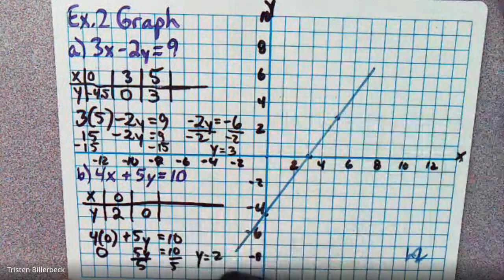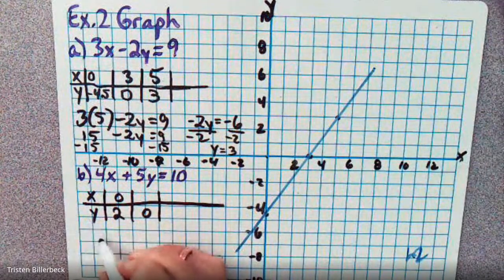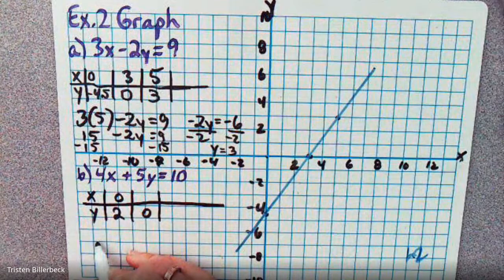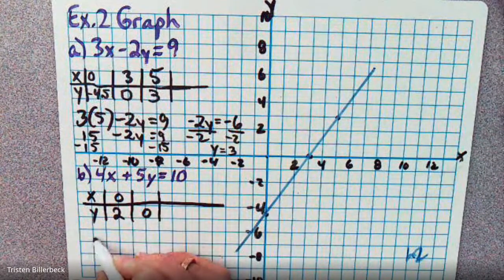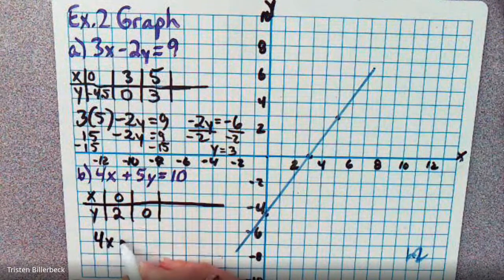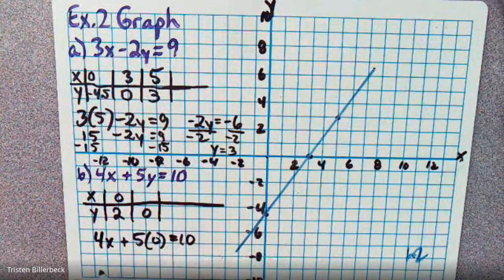Okay, so we've got 1. Now we try, we'll put that in, and you'll see my problem here. So we have 4x plus 5 times 0 equals 10. So this isn't going to be the perfect point I was hoping for. So we get 4x equals 10.